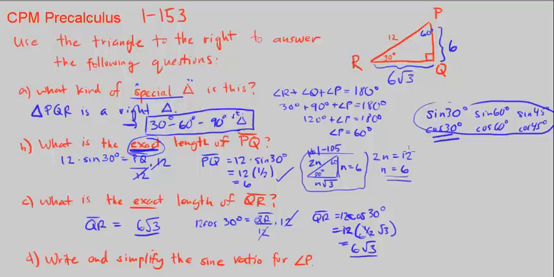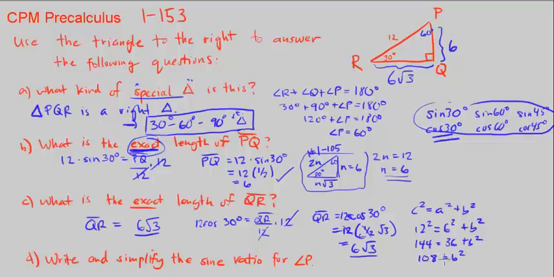Another way we could have solved this was using the Pythagorean Theorem. If we know this side and this side, c squared equals a squared plus b squared, where c is the hypotenuse, 12. If a is 6 squared and we want to solve for b, 144 is equal to 36 plus b squared. Subtract 36 from both sides, and we get 108.